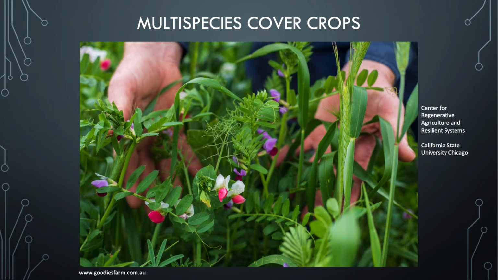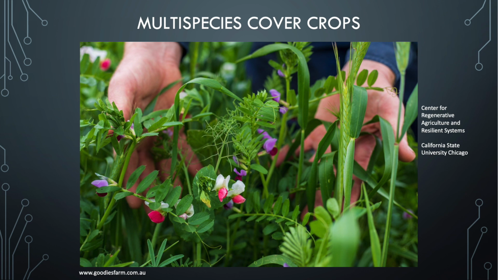And by far the best method to actually ensure that none of the root-feeding nematodes become an issue in the field is to grow a variety of crops all at once. So basically to grow a multi-species cover crop where the various families of plants are grown together.